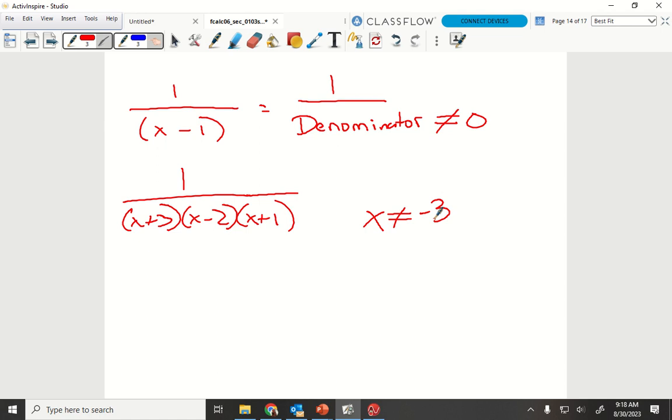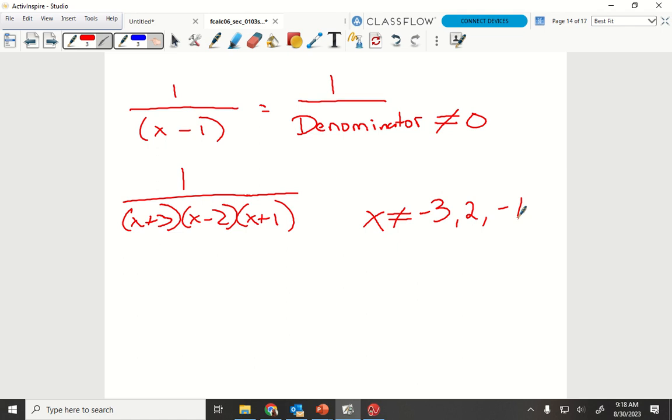What else can it not equal? +2. Anything else? So those are my values for which I'm going to have some undefined points, right? Those are where my domain is not continuous.